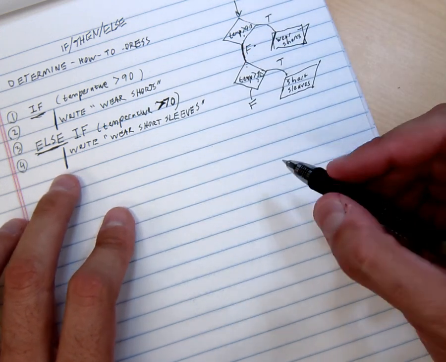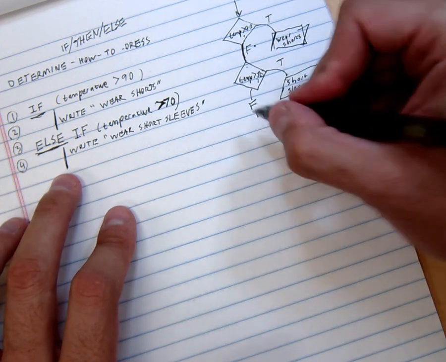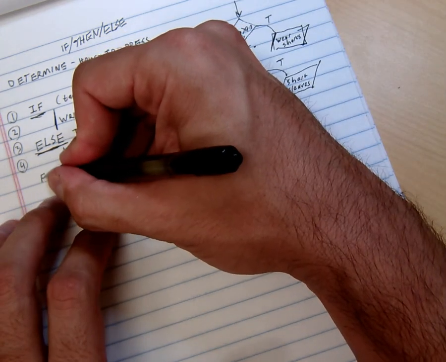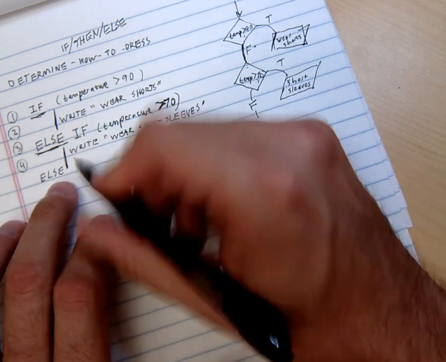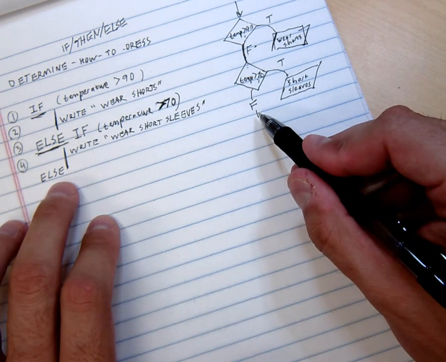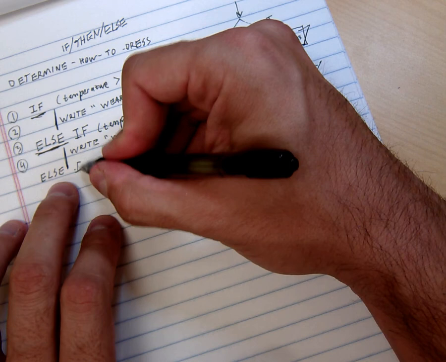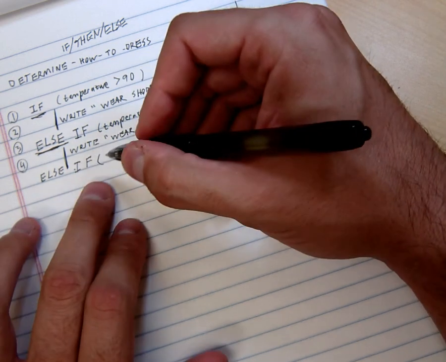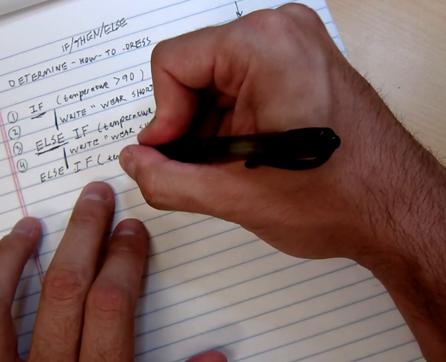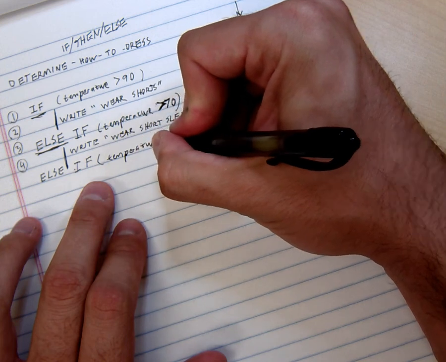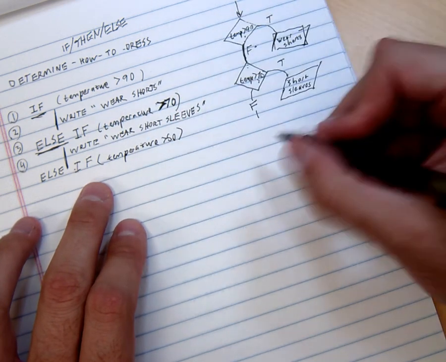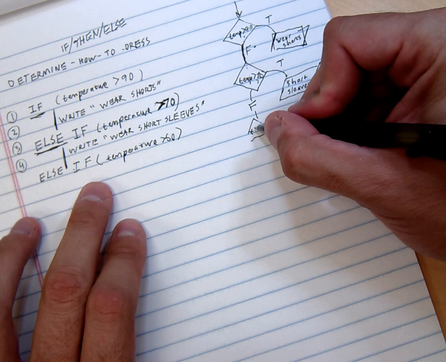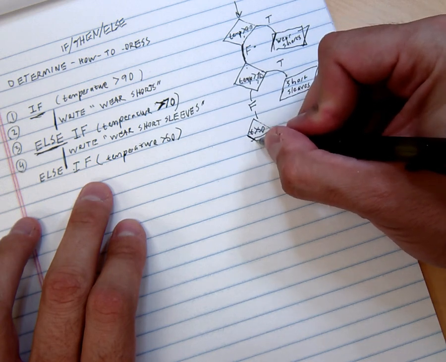And you can chain these together. So if that's false, I could have another else if. That else only happens if it's false, and I can optionally add another condition. So here my condition is if the temperature is greater than 50. I'm going to write T greater than 50 because I'm too lazy to write temperature.